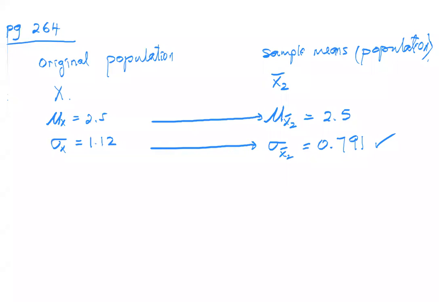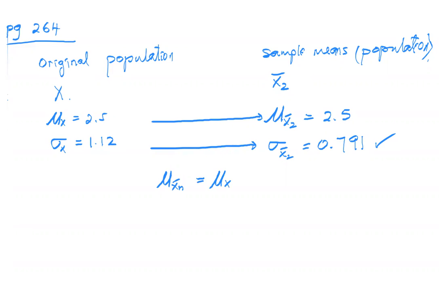Am I right? So that is the first part of the central limit theorem. That is, the mean of the sample mean is equal to the population mean.